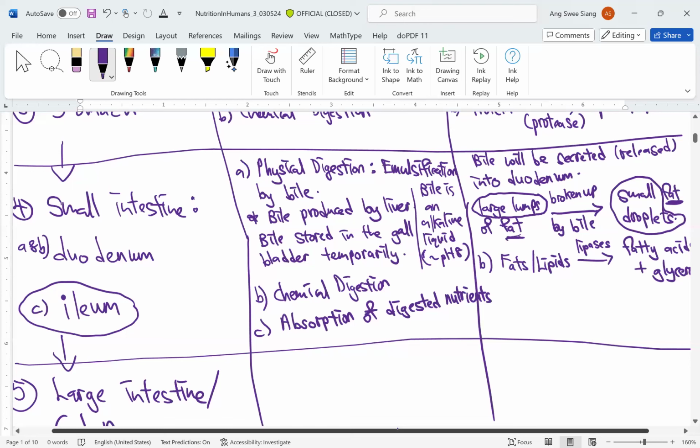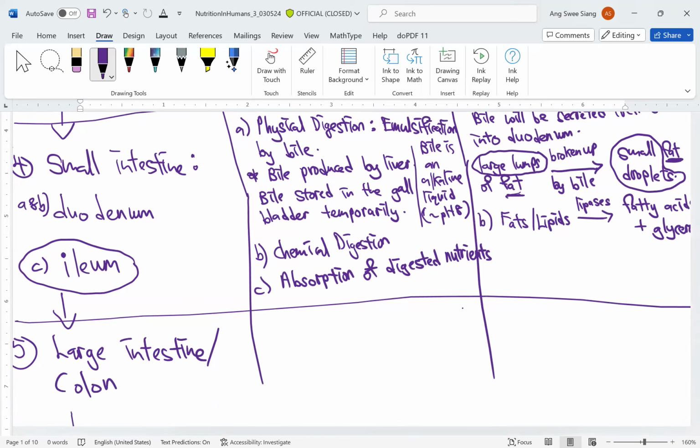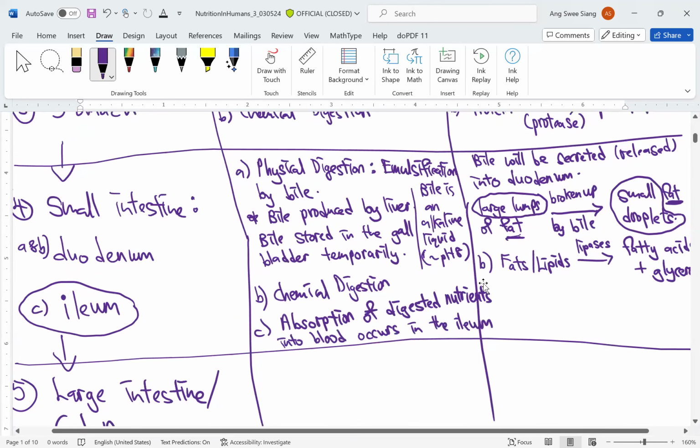A and B are related to the duodenum. C is related to the ileum. So absorption of digested nutrients into the blood occurs in the ileum. No space already, so I'm not going to expand on the idea too much now. I will move on.